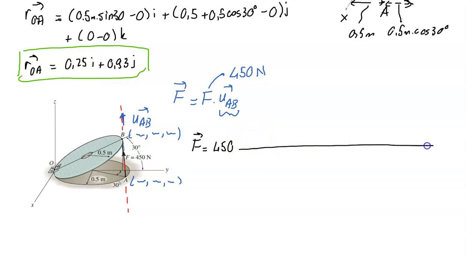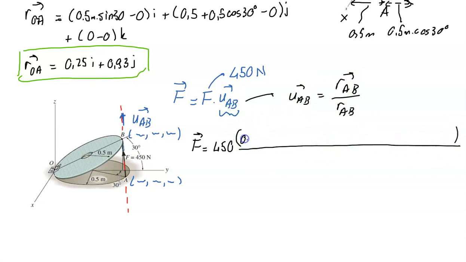We're going to subtract the coordinate values of B from A's to write the UAB vector, which will be the RAB vector over the value of RAB. So I will write up here my RAB vector.